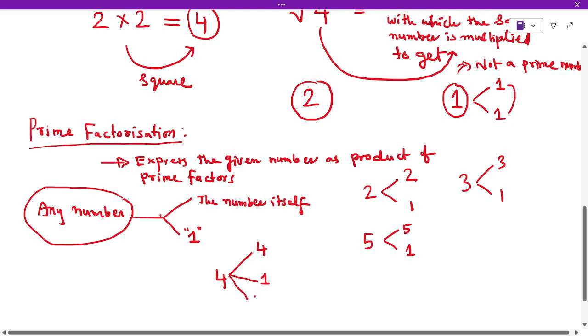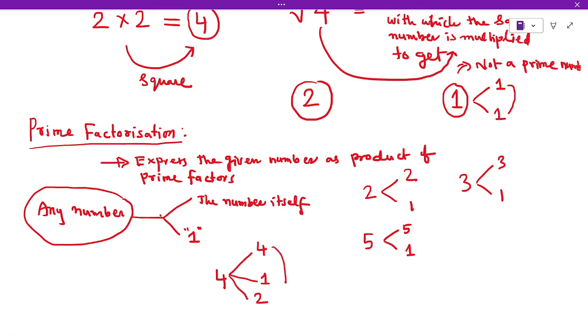Then it will come in the 2 table also, therefore 2 is also a factor. Now you can see how many factors there are. There are a total of 3 factors, right? But we need only 2 factors to decide that a particular number is a prime number. Therefore 4 is not a prime number.